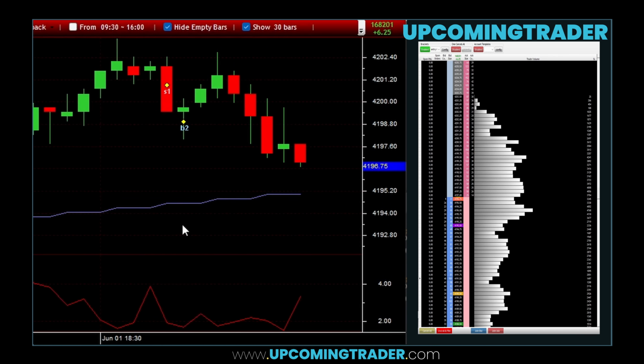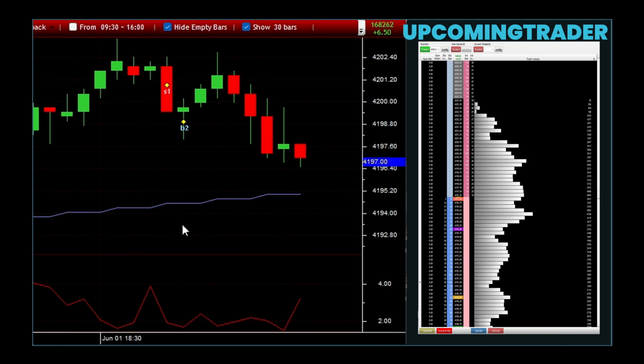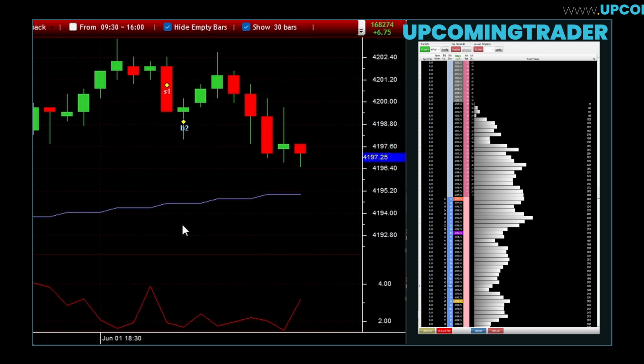The key to this pattern lies in the neckline, which is the level of support or resistance that connects the lows between the head and the shoulders. Once the price breaks below the neckline, it confirms the pattern and signals that a bearish reversal is underway. Traders often look to enter a short position just as the price breaks below this neckline, aiming to capitalize on the downward move that typically follows.